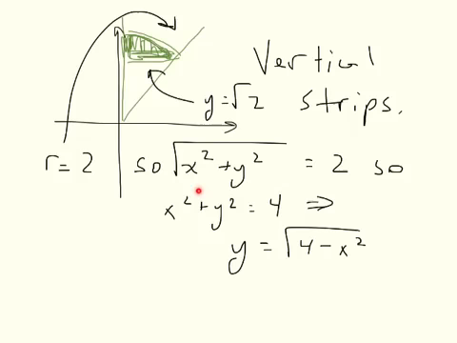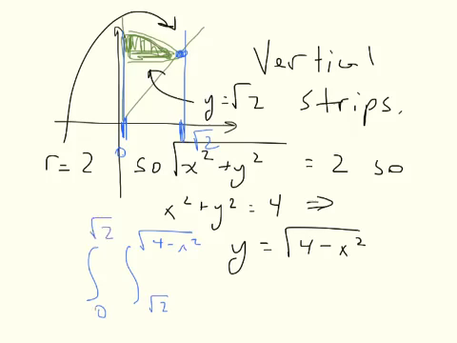This is the function for that upper line, and this is the function for that lower line. So our integral is going to be the integral from the lower line, root 2, up to the upper line, root of 4 minus x squared. And what are our x bounds? We look for the shadow of this region on the x line, and it goes from 0 out to the point we found earlier, x equals root 2. So our x bounds are from 0 to the square root of 2, and that will be dy dx.